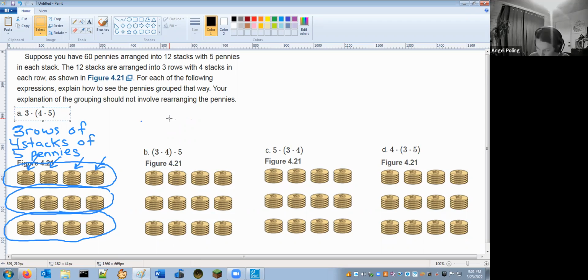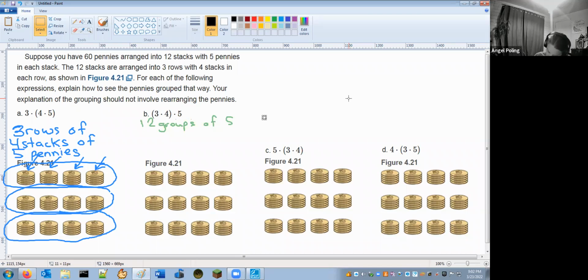Okay, in the next one, B, we have 12 groups of 5 to start with. So to get us started, we need 12 groups of 5. The 5 is going to be the pennies in each.